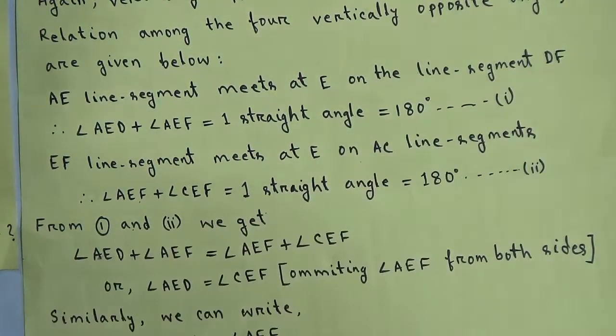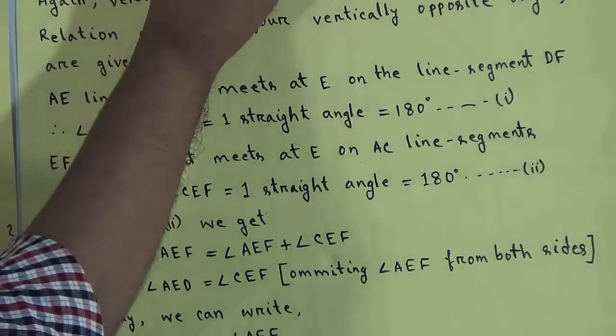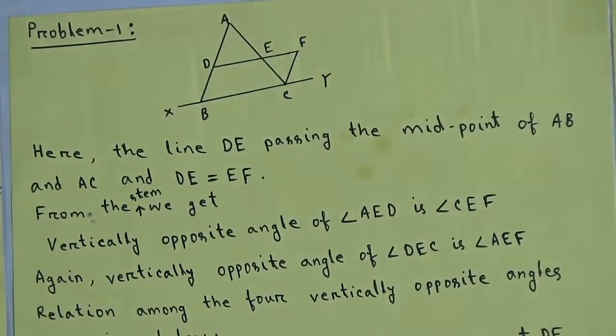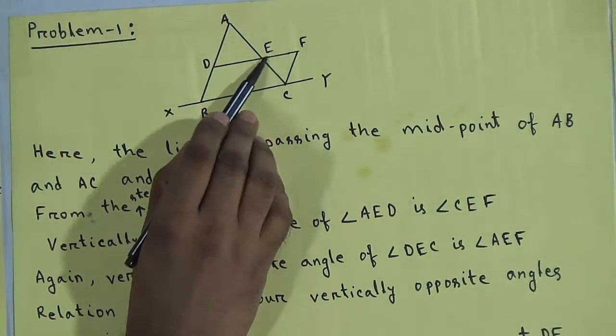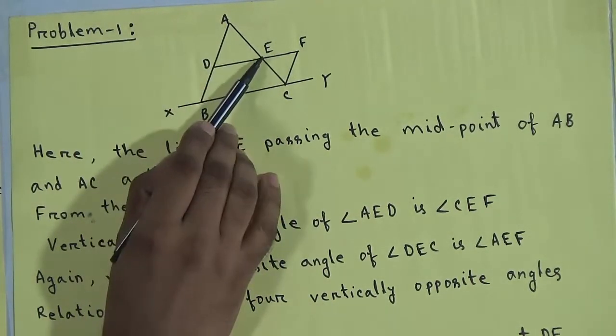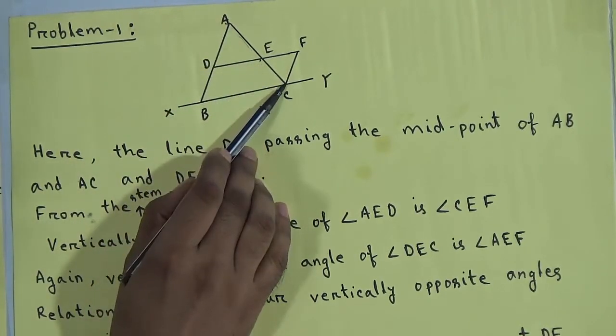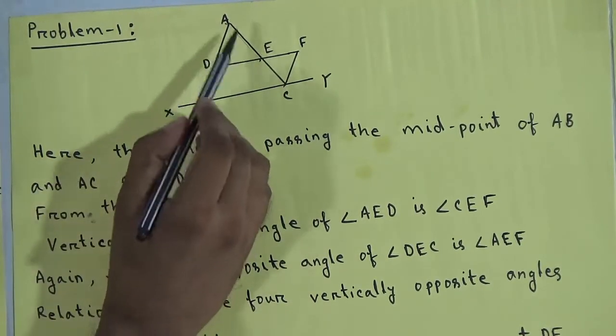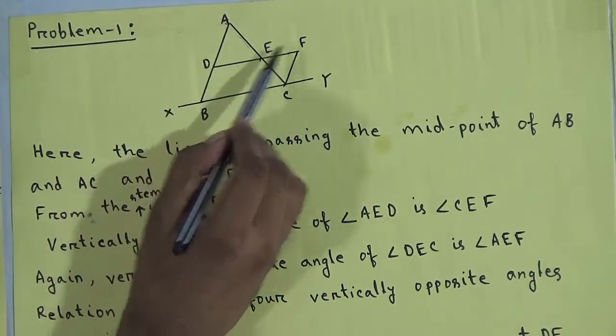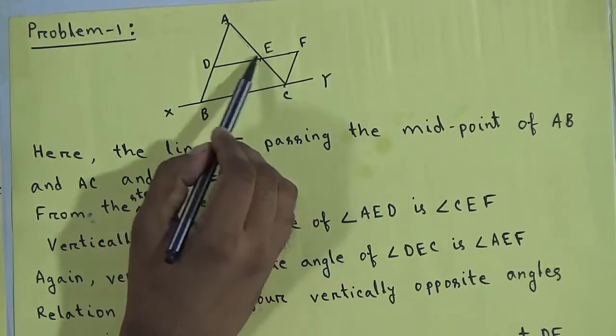It's equation number 1. Dear students, again, EF is another line segment and it meets the point E of the other line segment AC. Therefore, another two angles are formed. One is AEF and another one is CEF.